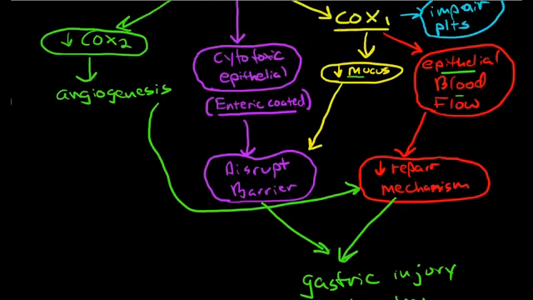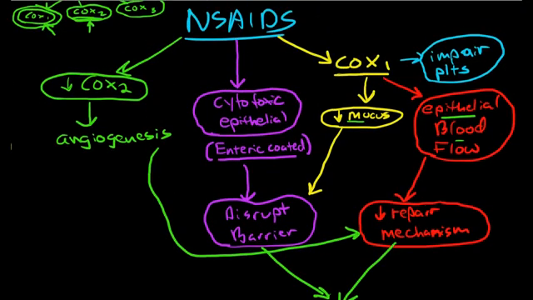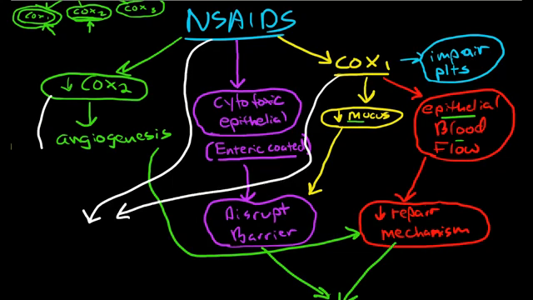And lastly, of course, NSAIDs suppress, via both COX-1 and COX-2, prostaglandin's ability to decrease acid production. So NSAIDs end up causing increased acid production.